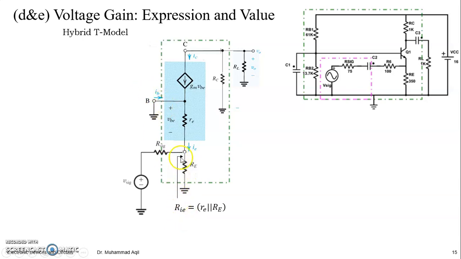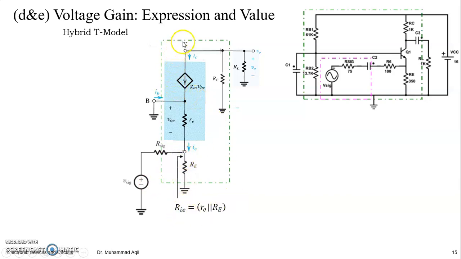When looking into the emitter of the transistor, we see that this terminal is the common terminal of this re and this re. How about the other terminals? This terminal is grounded, and this terminal is also grounded, right? So these are coming in parallel. When you look into the emitter terminal, the signal will see this resistance, right?